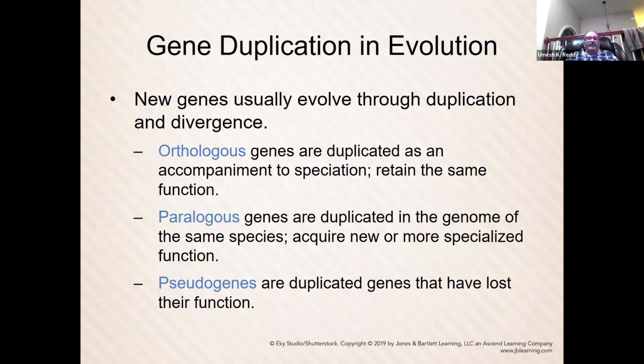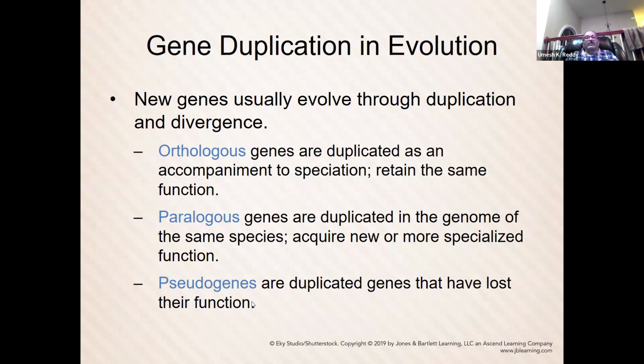Okay. And then during that process, some of the genes will be mutated so drastically and they will lose the function. Now you know that this is a pseudogene. Pseudogenes do not have any function. They cannot transcribe and produce a functional protein. They lost the function. You can identify, oh, here is a pseudogene.